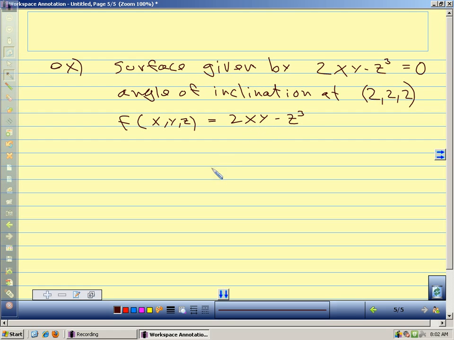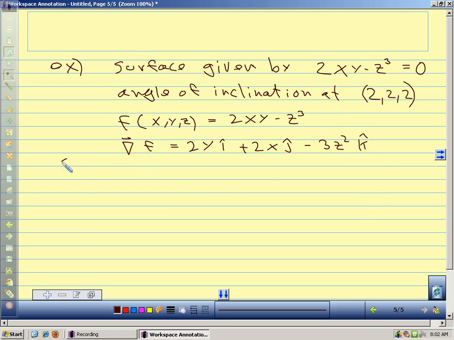We want a normal vector. Our gradient gives us our normal vector, so del f is 2y i plus 2x j minus 3z squared k.